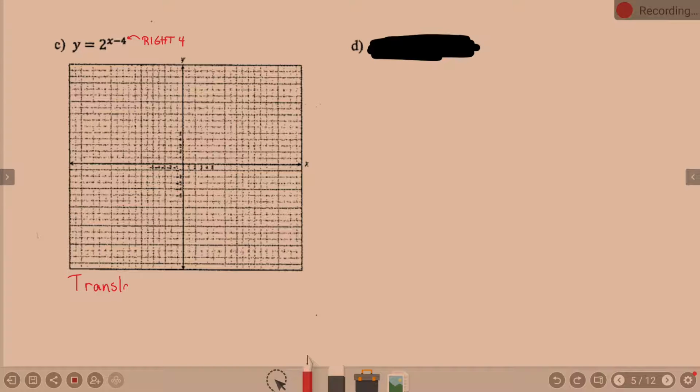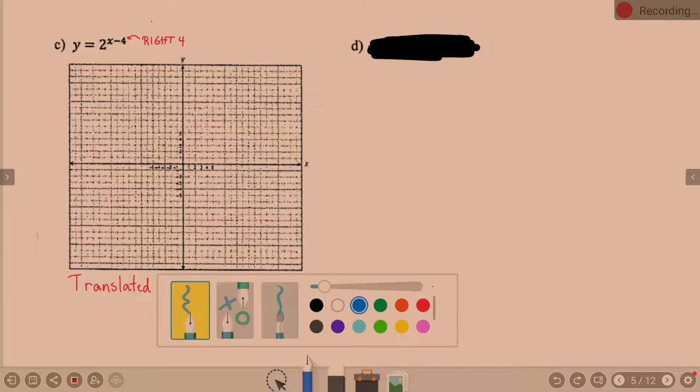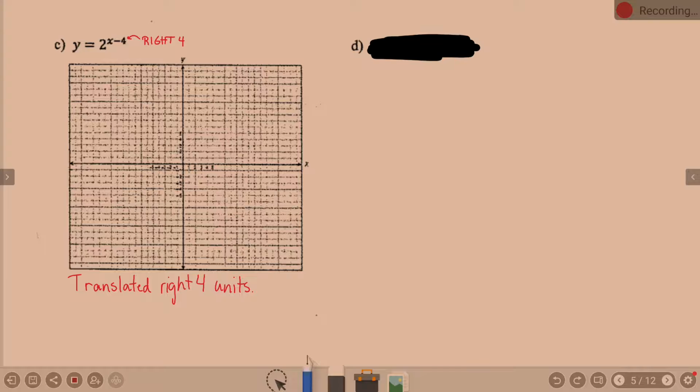So I'm going to write that out. So translated right 4 units. Now, this is the type problem. It is important that we do not just put our x values into the equation and work it, because you won't get an accurate picture of the graph.